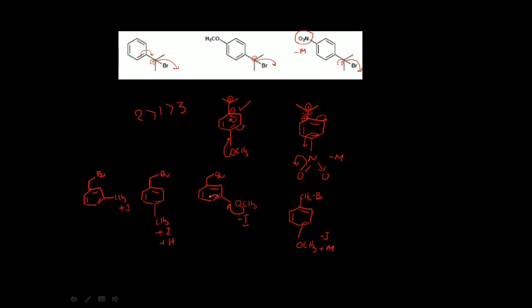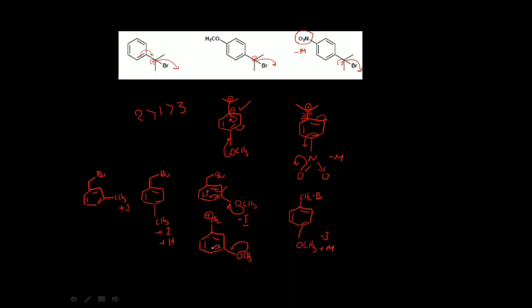The plus M effect is working with the benzene ring, but here it is not working with the positively charged carbon. That means, suppose in a dissociation, this one gives CH2 plus, and here OCH3 is donating electrons.